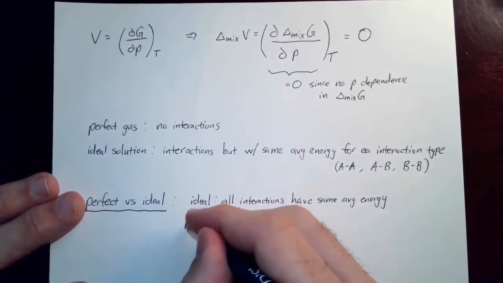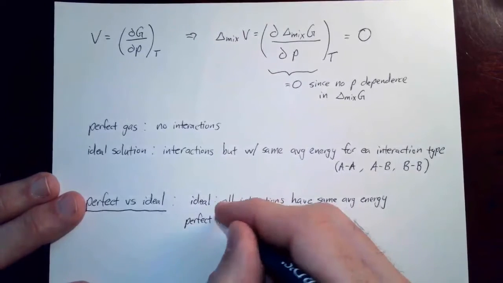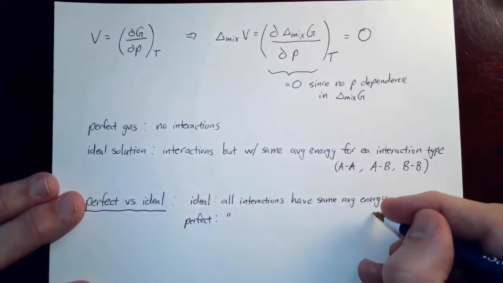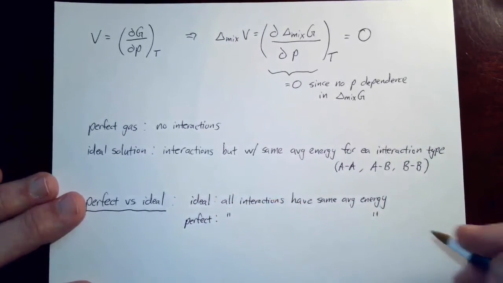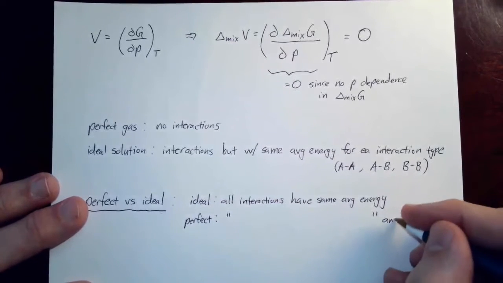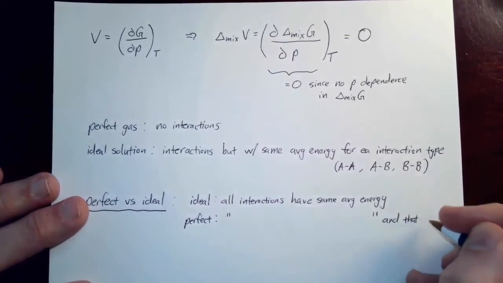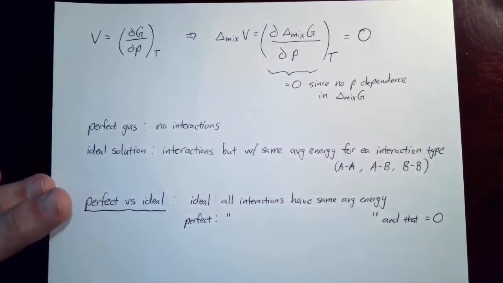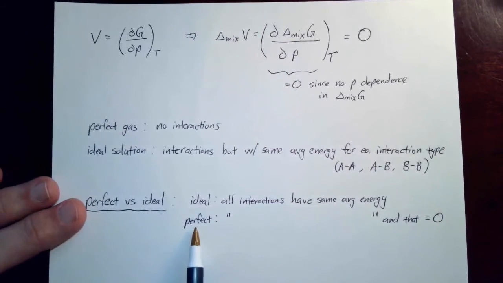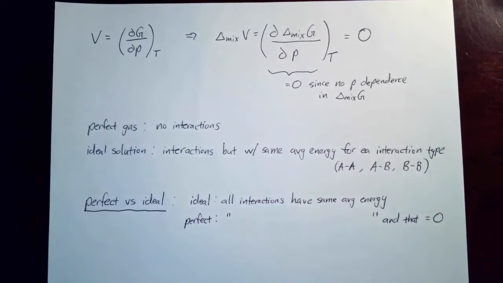And perfect means that it is ideal, all interactions have the same average energy, and that energy is 0. So perfect is a special case of ideal.